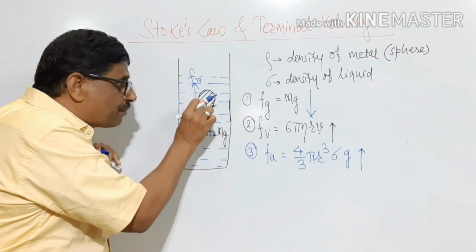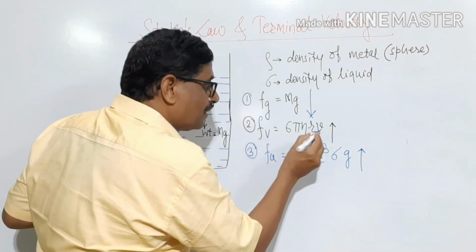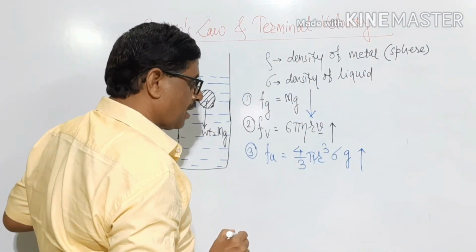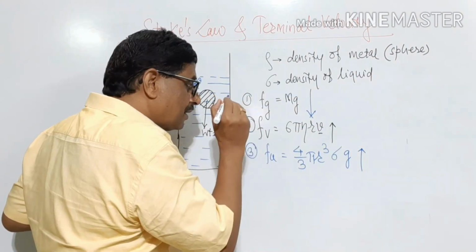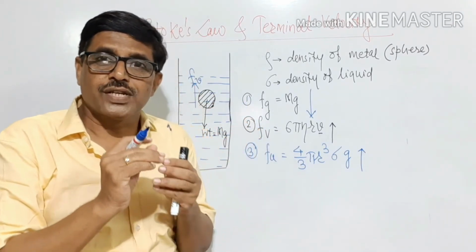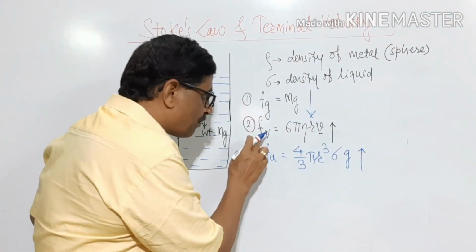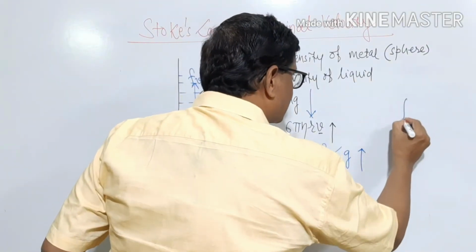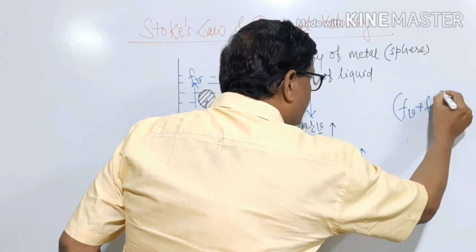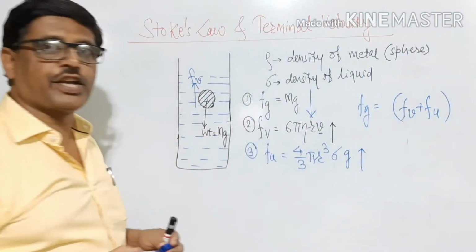After traveling some distance, a stage will be reached in which the viscous force is raised to a value such that the sum of the upward forces, that is viscous force plus the upthrust, will become equal to the force due to gravitation.